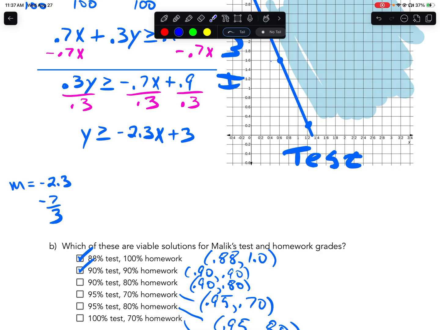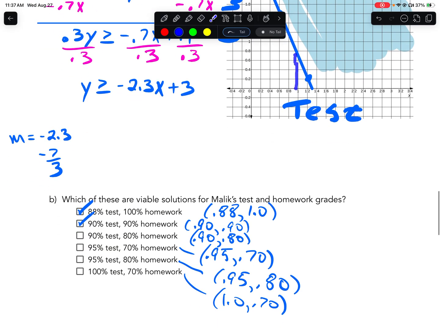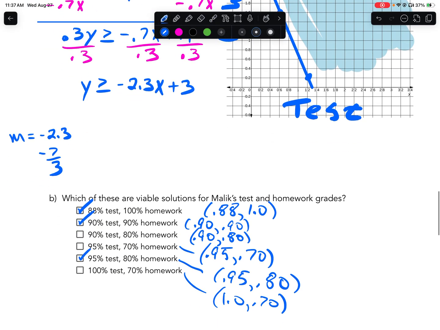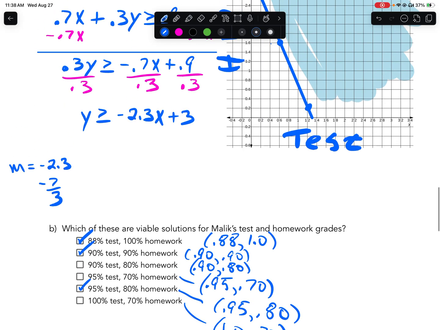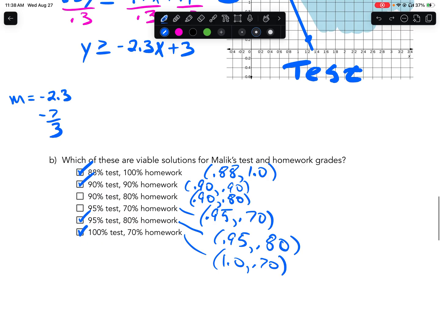If I go 0.95 on test and 0.8 on homework, I'm going to be on that line, so I believe that one works. And then if I have 100% and 70% on homework, I'm going to be right on that line again. So that one works as well.